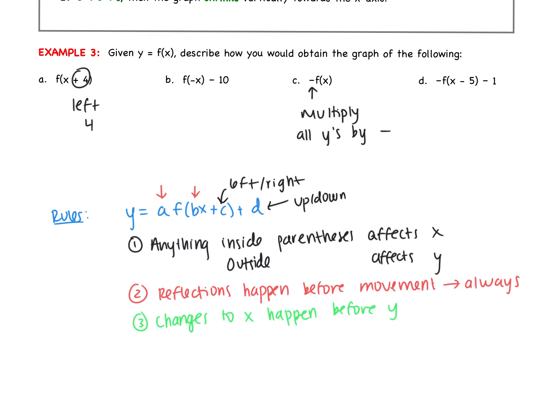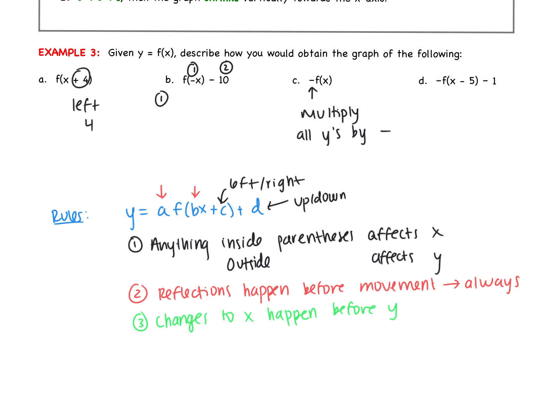When we get to something like B, this one's a little bit more complicated because we have two things that are going on. This negative affects x or y? X. The negative 10, x or y? Y. So inside parentheses x, outside parentheses y. The multiplication or the reflection always comes first. So we're going to do this one, then we're going to do this one.